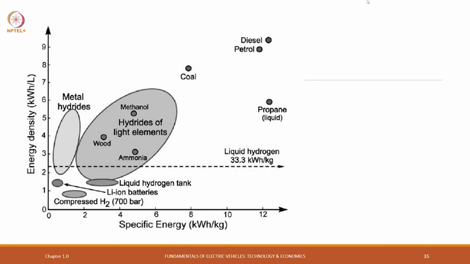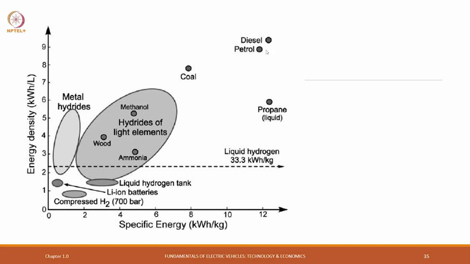It is a very interesting diagram. I do not remember where this diagram has been taken from, but it has been there for long. Look at this number, watt hour per kg. Look at the petrol and diesel, you are talking about 12 kilowatt hour per kg. 1 kg of petrol or diesel has 12 kilowatt hour of electricity, 12 units of electricity.